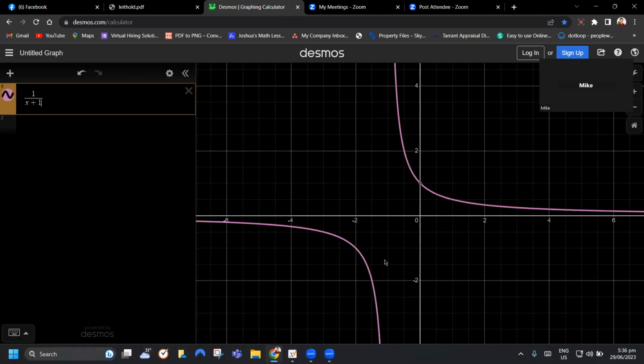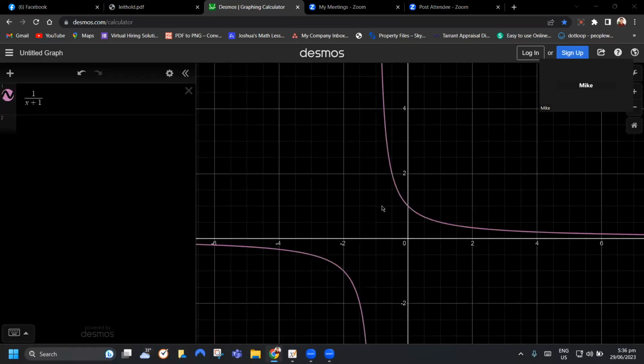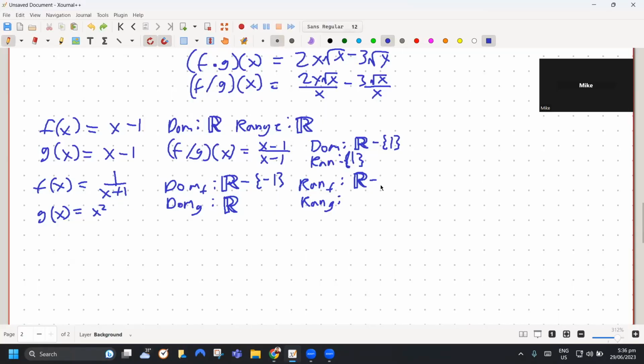Okay. So, ano yung kasama sa domain? Ano yung kasama sa range? So, all reals except 0. Okay. Yung domain ng G, ano naman? Yung range ng G? So, 0 to positive infinity. Okay. So, let's look at F circle G.